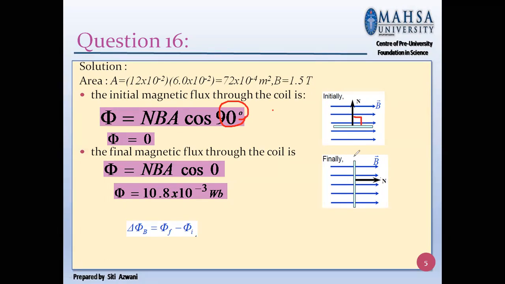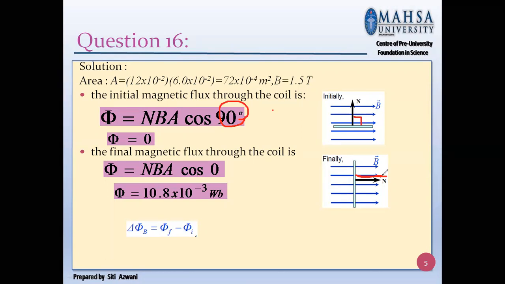Finally, your normal of the plane is to the right, which is parallel to the B. So now you need to measure the angle between the normal of your plane and the B, which is equal to 0.